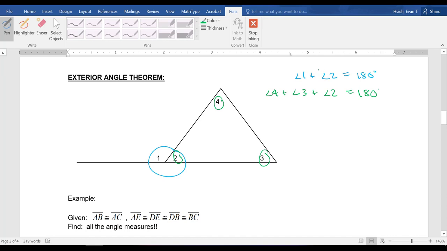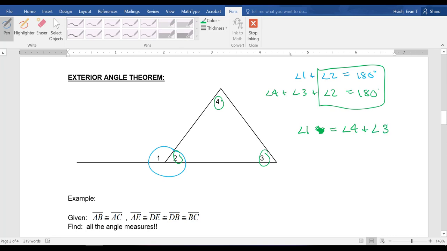So hopefully you can see, because this stuff is exactly the same, that angle 1 has to be equal to angle 4 plus angle 3.